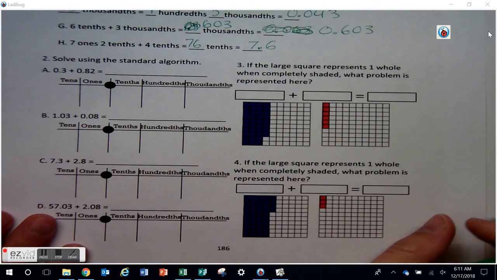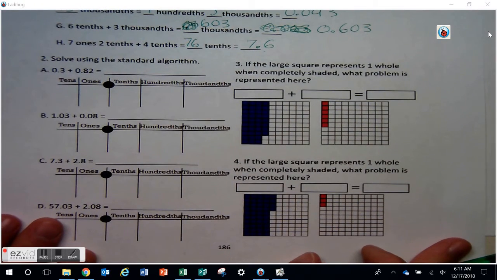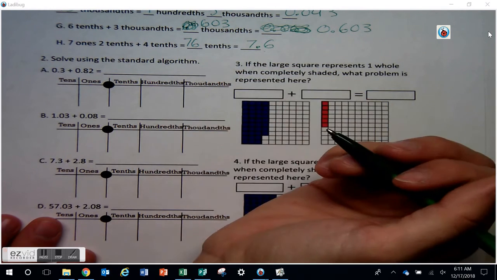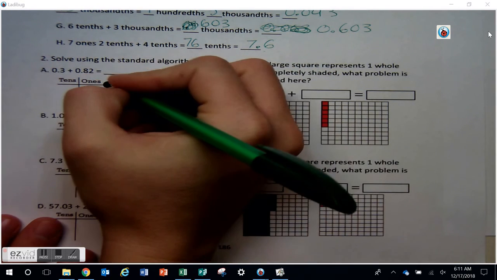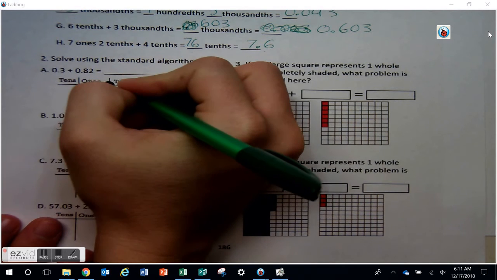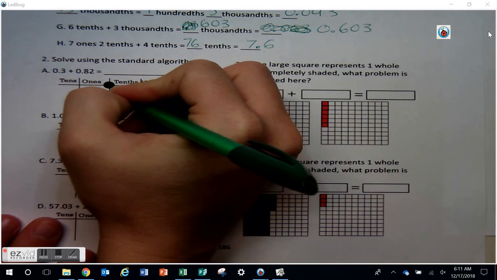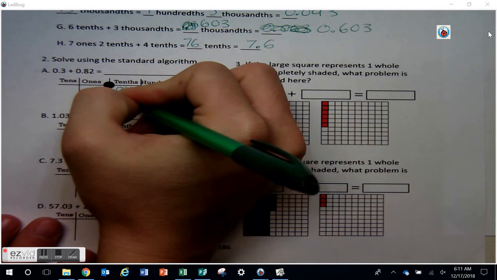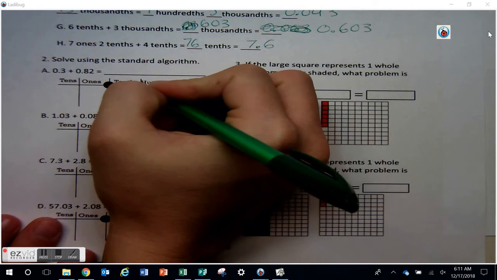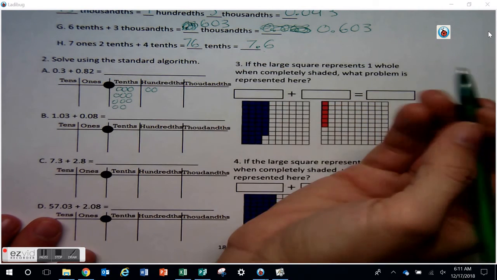Solve using the standard algorithm. So we're going to go ahead and plug these in. 3/10ths, 1, 2, 3, plus 8/10ths, 1, 2, 3, 4, 5, 6, 7, 8, plus the 2/100ths there.